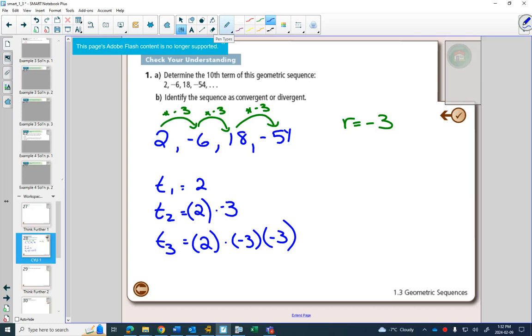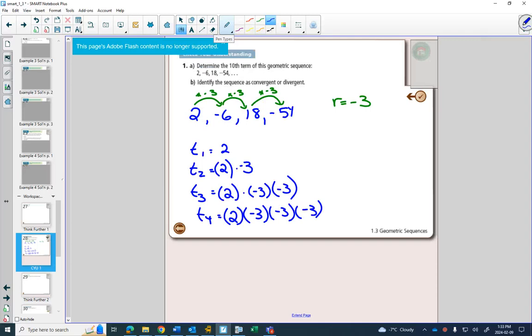And then term 4 would be 2, and you would have to multiply by -3 again, which would be -3 cubed. So if we're looking for a pattern here, what do you think would happen if we wanted to find term 10? You would have to take 2, and how many -3's would you multiply by to get to the 10th one? 9.